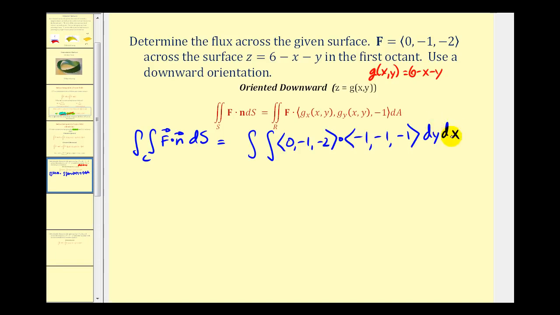And then in order to determine the limits of integration, we're going to go ahead and sketch the xy trace of our surface. So if z was equal to 0, we could move the x and y terms to the left, and we'd have x plus y equals 6. So we have an x and a y intercept of 6.